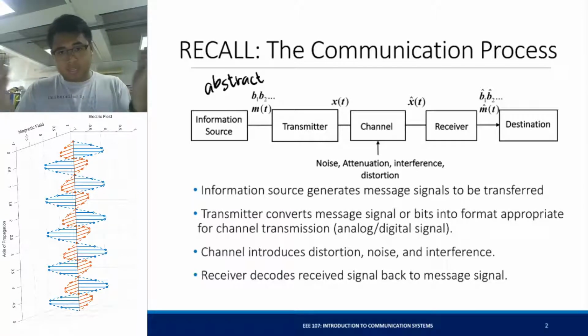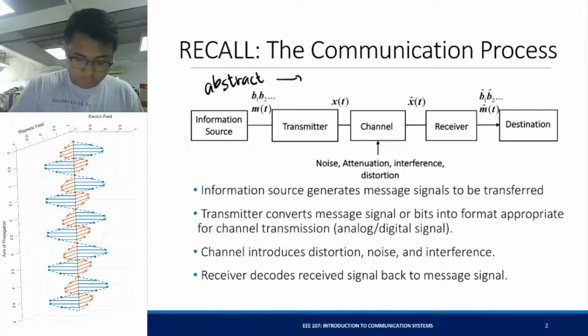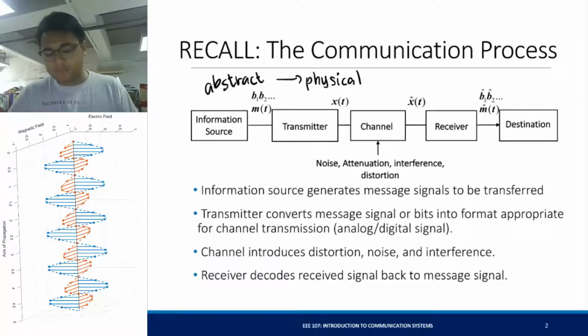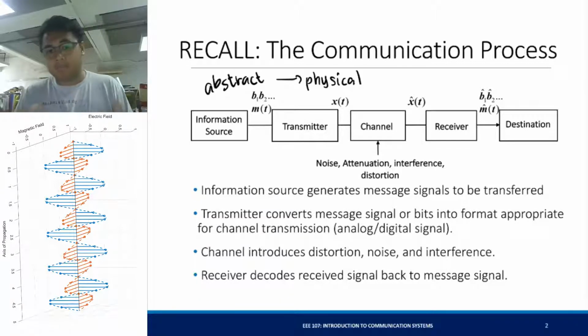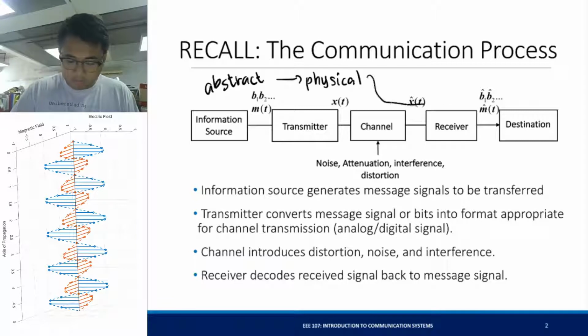It's the job of a transmitter to represent that information and convert it to something physical, be it a sound wave, a light wave, or maybe even an electromagnetic wave, or an image. That is the definition of signals, right? So the transmitter will convert this abstract concept into a physical signal, which will be transported through a channel.